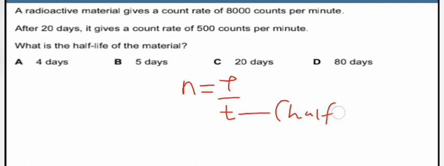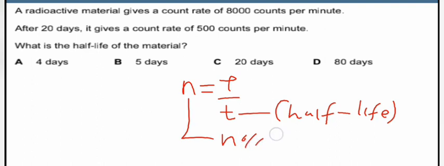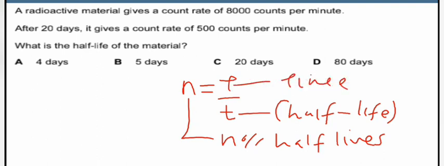Number of half-lives is equal to the time taken divided by the half-life. So small letter t is representing the half-life, then n is representing the number of half-lives, then capital T is representing the time taken. So you need to be very, very careful when using this formula.